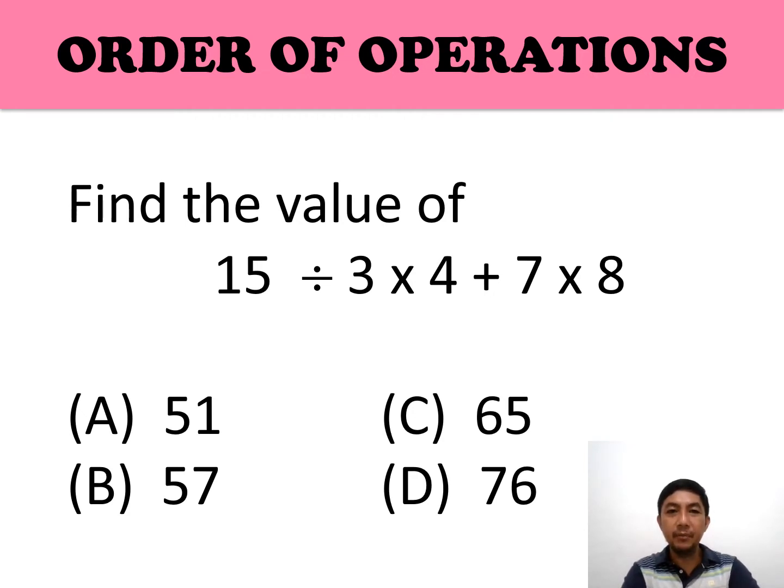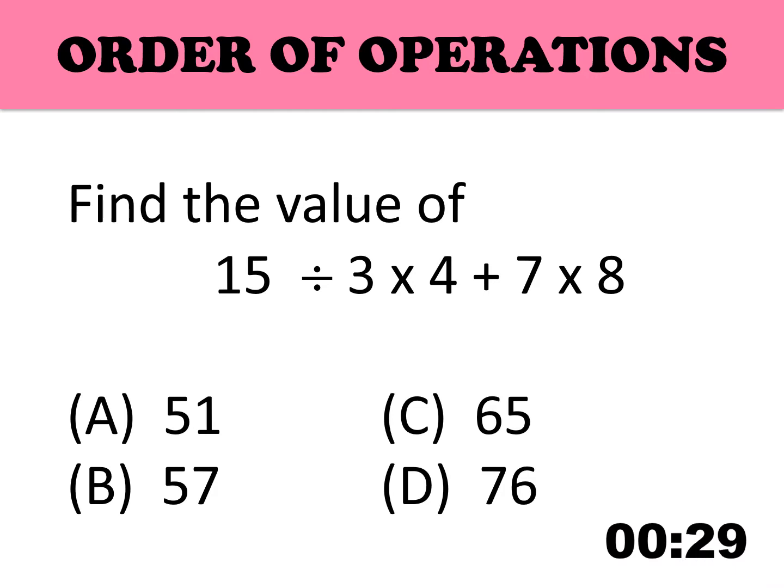Find the value of 15 divided by 3 times 4 plus 7 times 8. Timer starts now. Okay, so time is up.